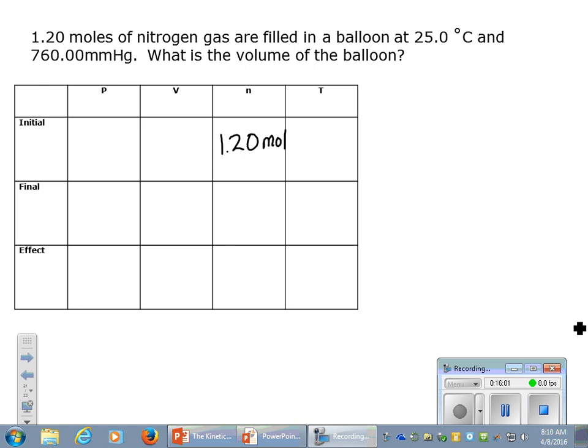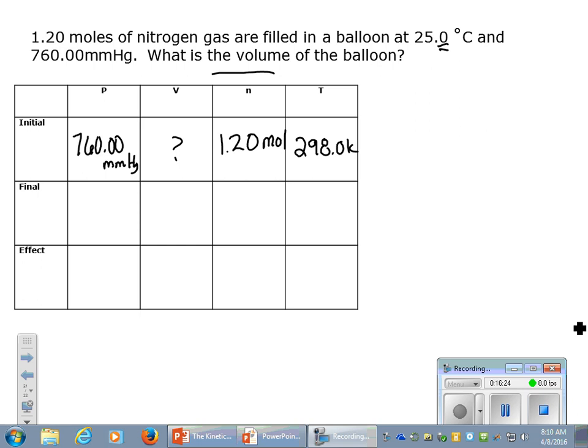The temperature of that gas is 25 degrees Celsius, so that's 298.0 Kelvin. I'm keeping the 0.0 from there. And then the pressure of that gas is 760 millimeters of mercury. The question says, what is the volume of the balloon that the gas is in?